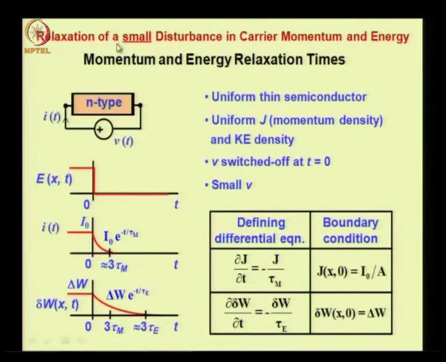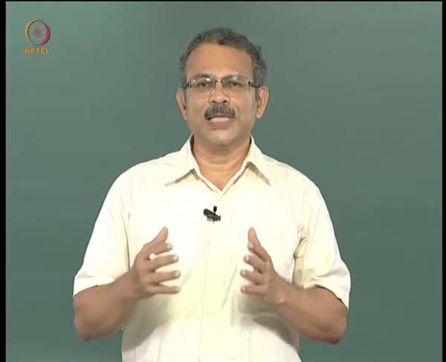Then we considered relaxation of a small disturbance in carrier momentum and energy. The two time constants related to this relaxation of the disturbance were the momentum and energy relaxation times. These two time constants were discussed together considering a single situation, because whenever you disturb momentum you disturb energy as well.